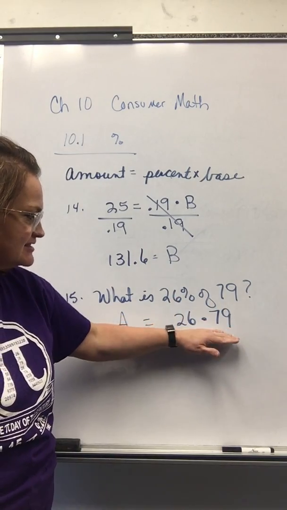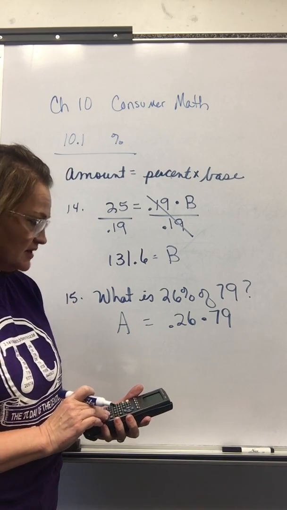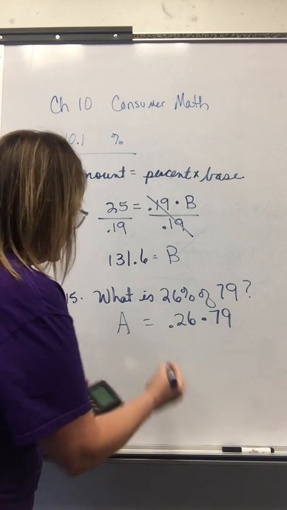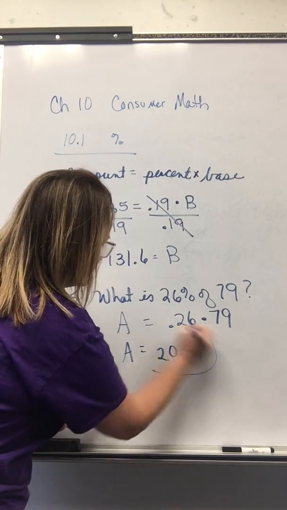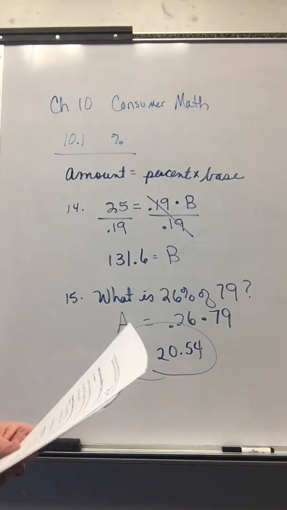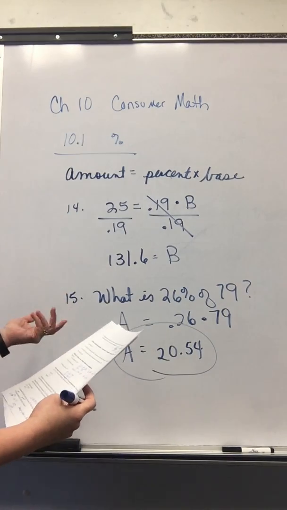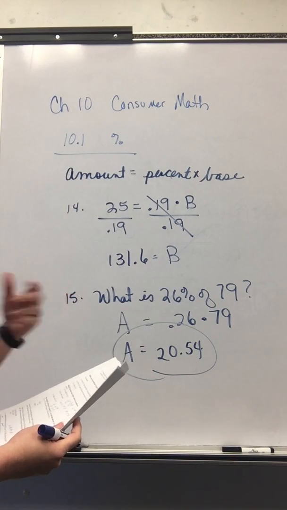I just need to simplify what's on that same side. 0.26 times 79. So A equals 20.54 for that answer. All right, moving along. And then below that, I just kind of describe what I did here in some words in case you didn't hear the video.